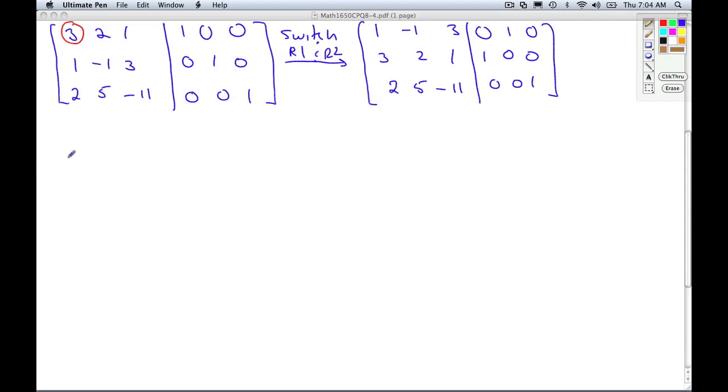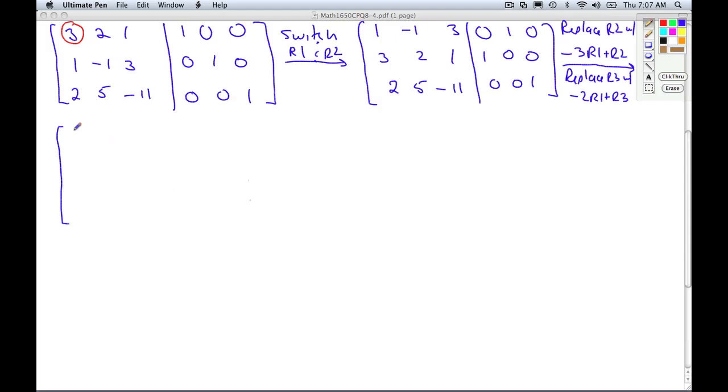What I'm going to do is replace row 2 with negative 3 row 1 plus row 2, and replace row 3 with negative 2 row 1 plus row 3.